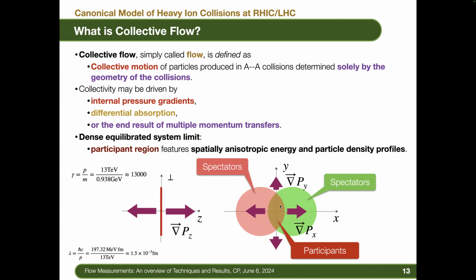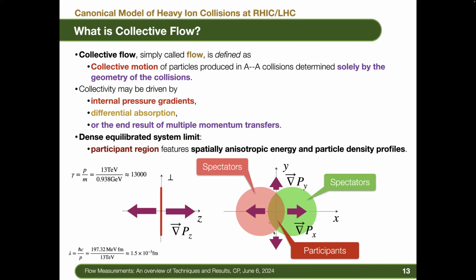So to illustrate this, here is a picture where you have a particle that would be produced here, and this particle is produced essentially at the speed of light. It wants to go out, but it has to penetrate through this high density region in the so-called participant region. The spectators, I should point out, in green and in red are essentially traveling at the speed of light.